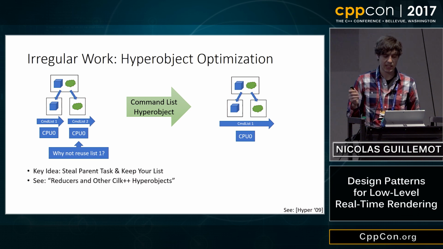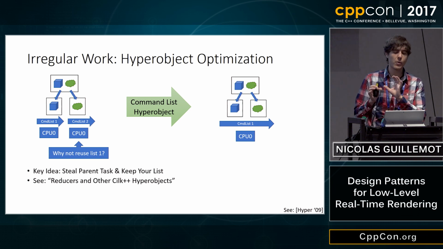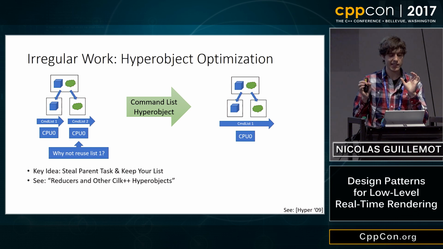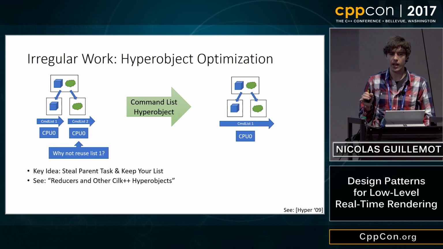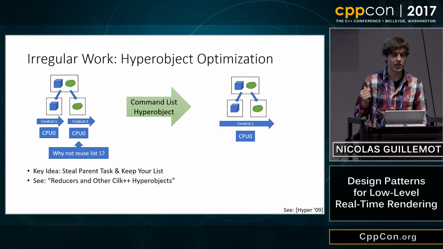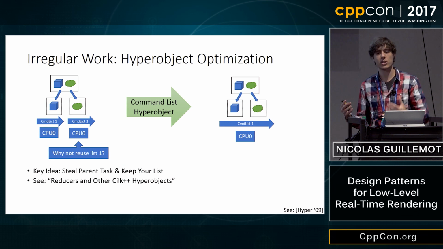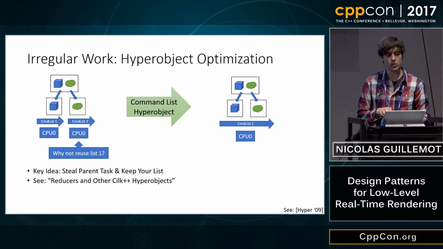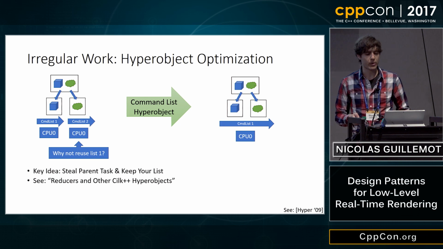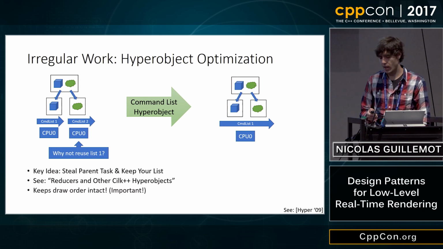I don't know if I want to go into too much detail, but I think this is a really neat idea, and if it interests you, I highly recommend that you read this paper. I would say this paper is really interesting even in general, because it explains a lot about the internals of how the C++ scheduler works, and how this whole hyperobject idea integrates very nicely into their scheduler. So it's a very interesting paper that I recommend if you're interested in this topic.